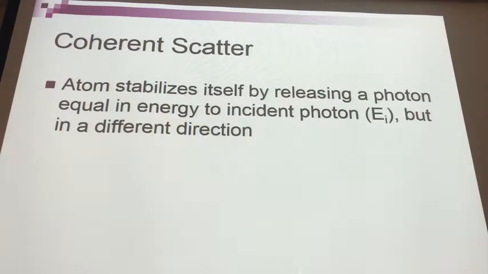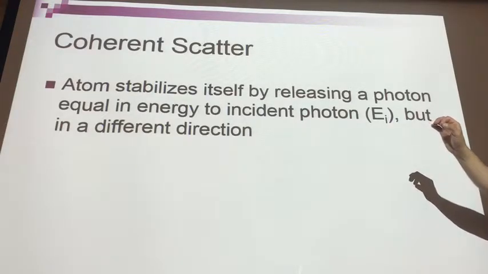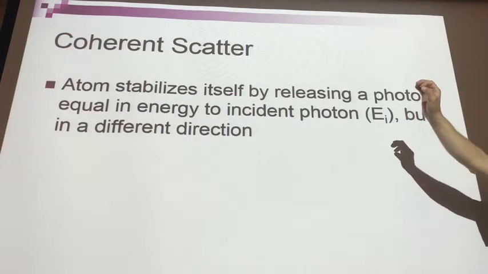So it comes in, but what it's going to do is give some of its energy to the electron. The electron gets ejected. So two things so far: a photon comes in, hits an electron, and the electron is ejected, so you have another electron.